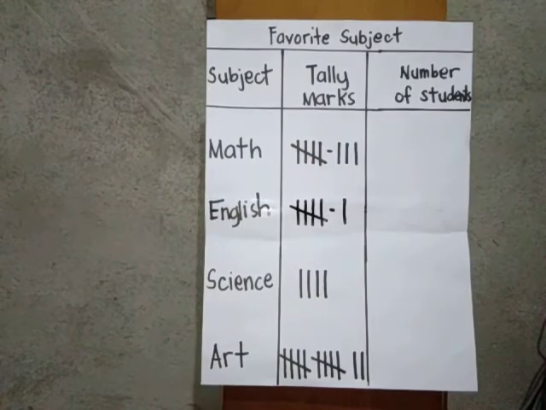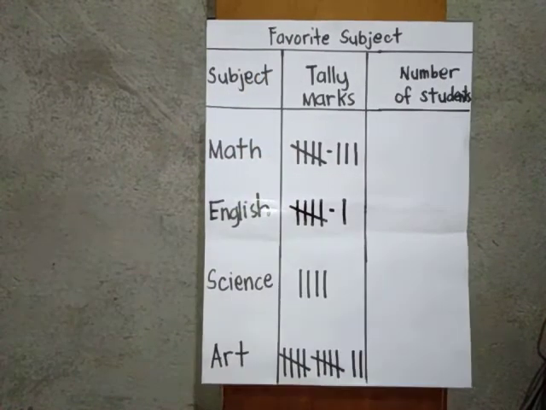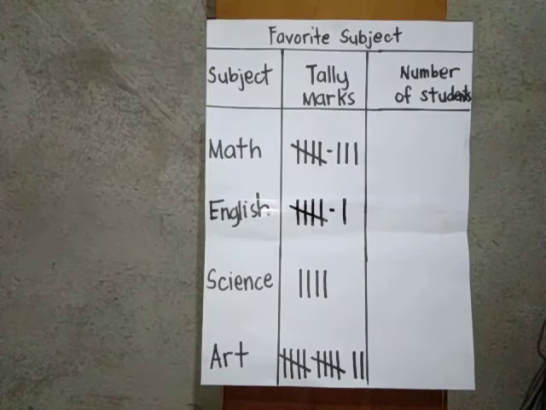Now, imagine that I asked students to choose their favorite subject, and each one of them responded. And these are the tally marks of those students who chose their favorite subject.